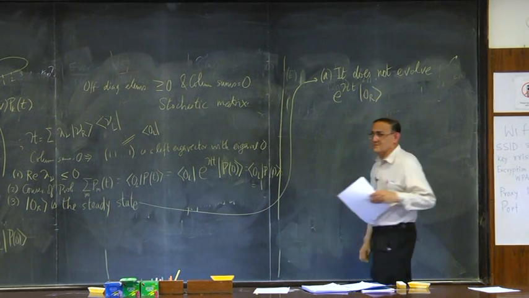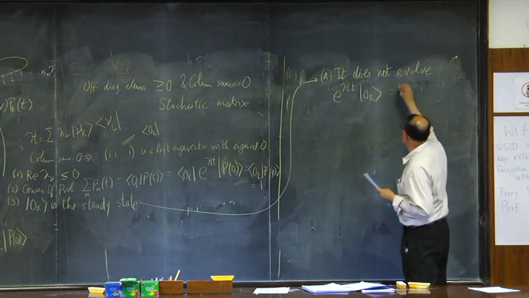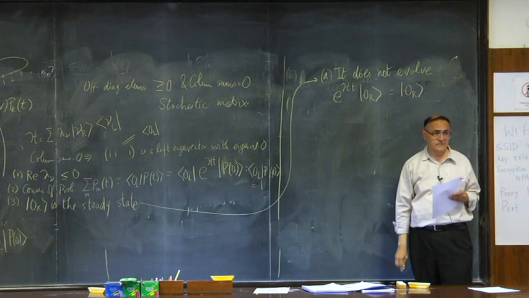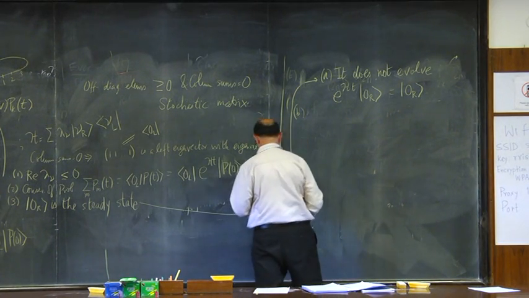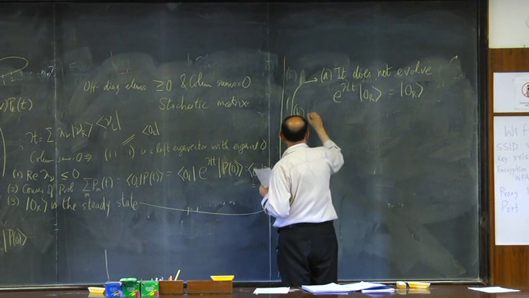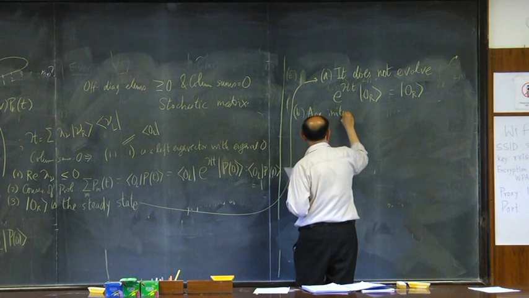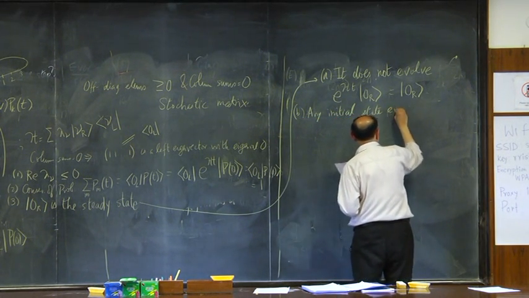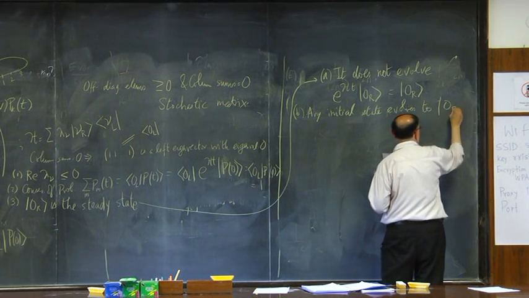Well, by construction it's the state with eigenvalue 0, so that's equal to 0 R. Does not change. B, any initial state evolves to 0 R for long enough time.